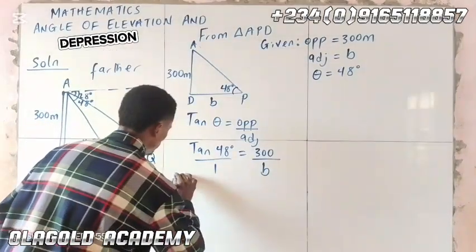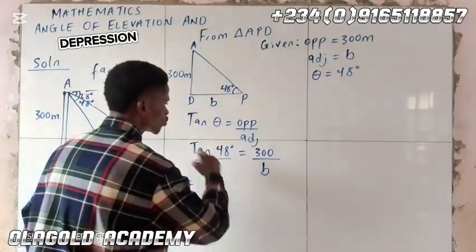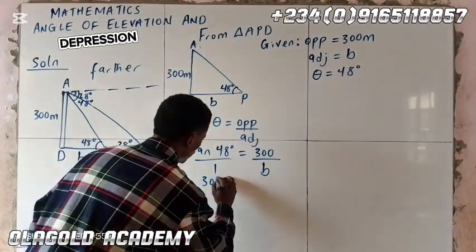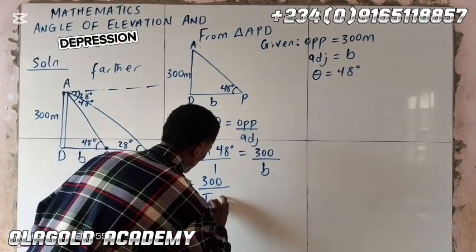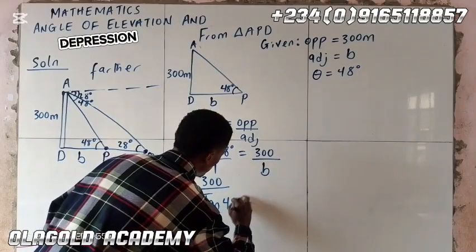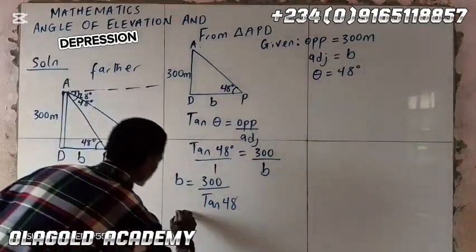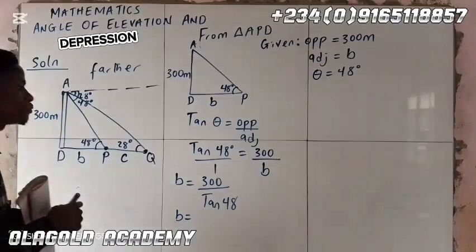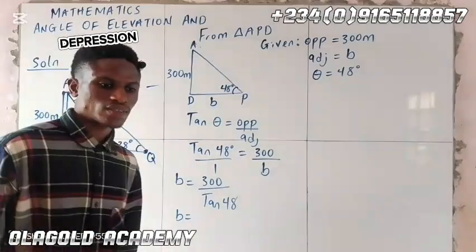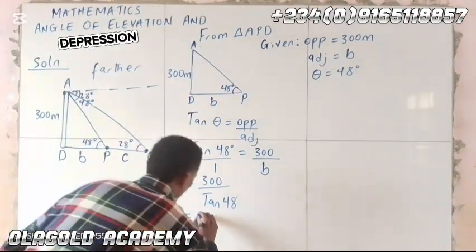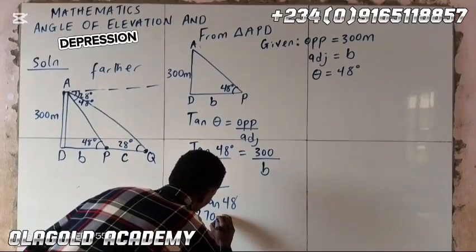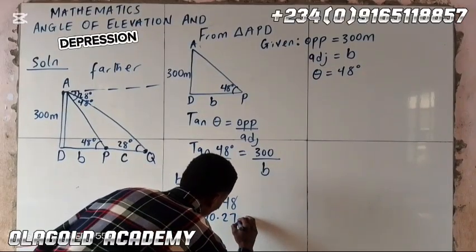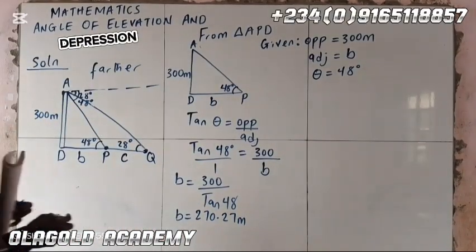So b is equal to 300 over tan 48. If I press 300 over tan 48, I get 270.27 meters.